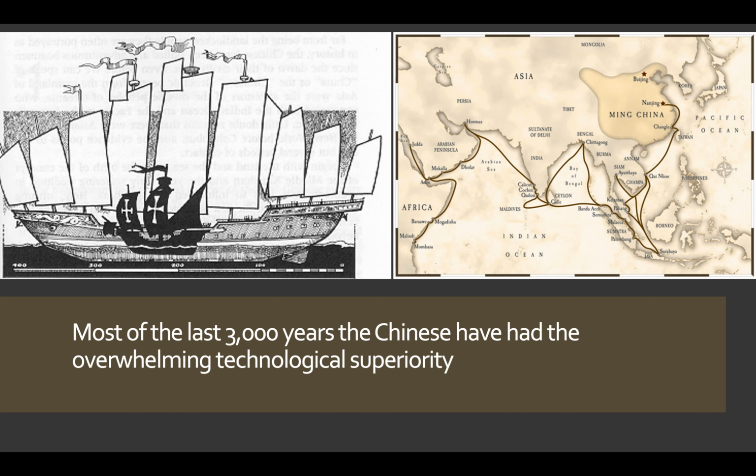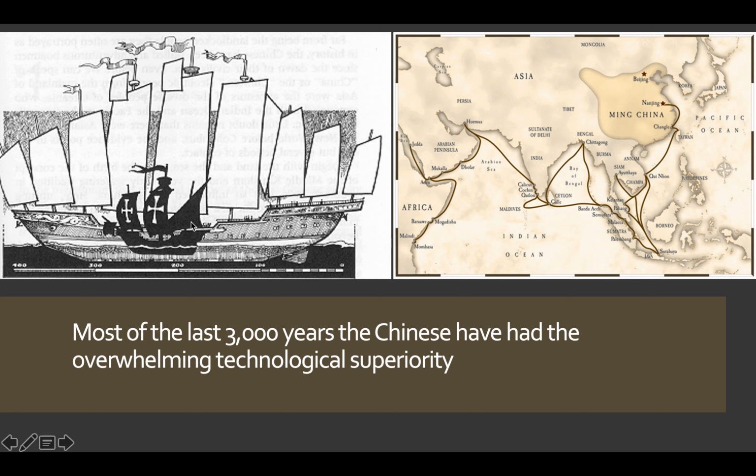And this was 70 years before Columbus. This was the largest navy in the world for a 500-year period, and it wasn't until World War I that the world saw a bigger navy.